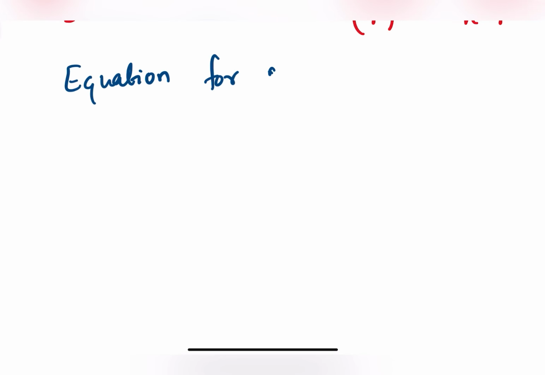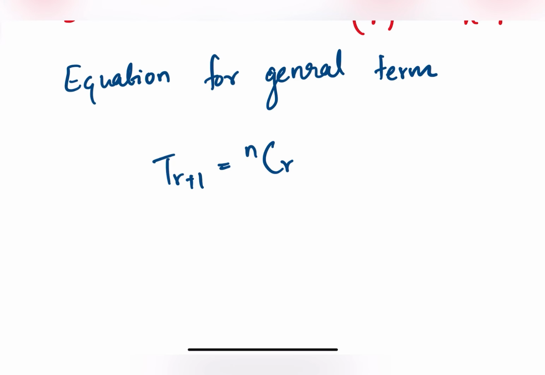Now let's see the equation for the general term. So T(r+1) will be written as nCr a^(n-r) b^r.